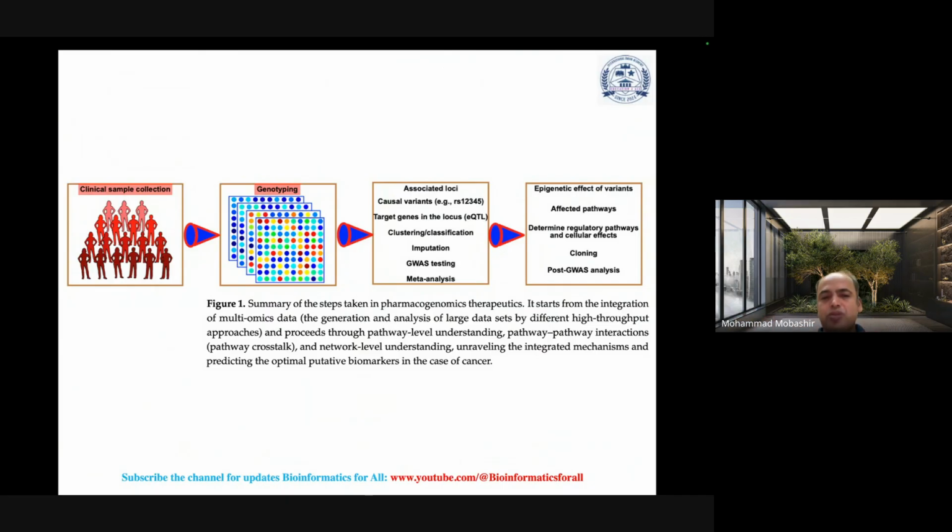Basically, it is saying the summary of steps taken in pharmacogenomics therapeutics. It starts from integration of multi-omics data and proceeds through pathway-level understanding, pathway-level interaction, and network-level understanding, unraveling the integrated mechanisms and predicting the optimal putative biomarkers in the case of human cancer.